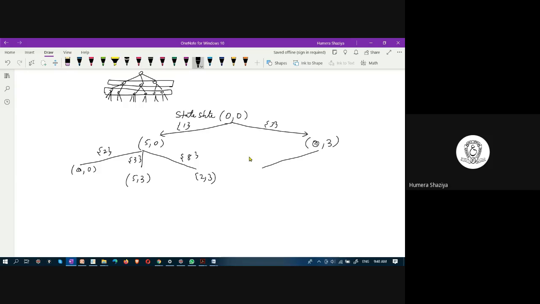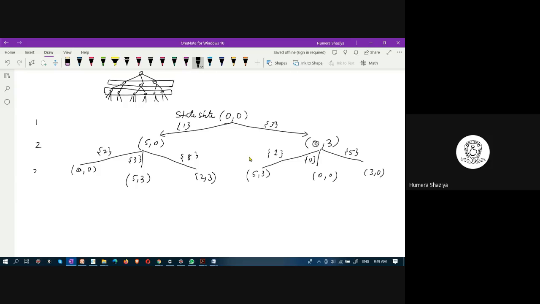Here also we get 5 comma 3, 0 comma 0, 3 comma 0. This is 1, 4, 5. This layer is done. This is layer number 1, 2. Layer number 2 is done.